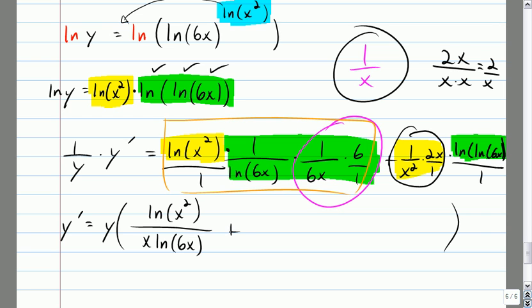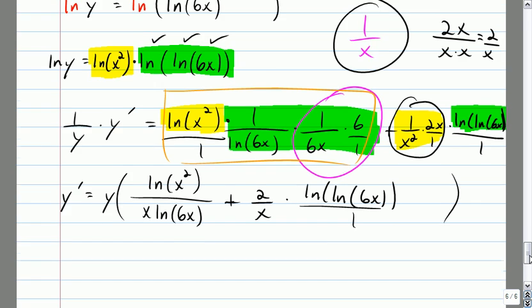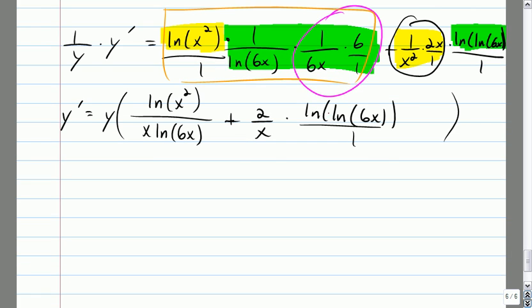So I've got 2 over x times the natural log of 6x, which is just over 1. I'm going to combine these two fractions, top times top, bottom times bottom.